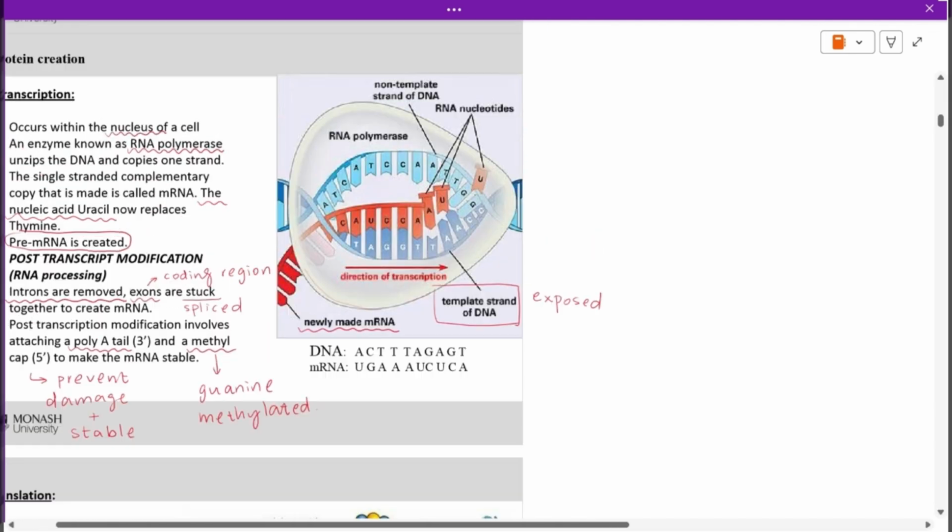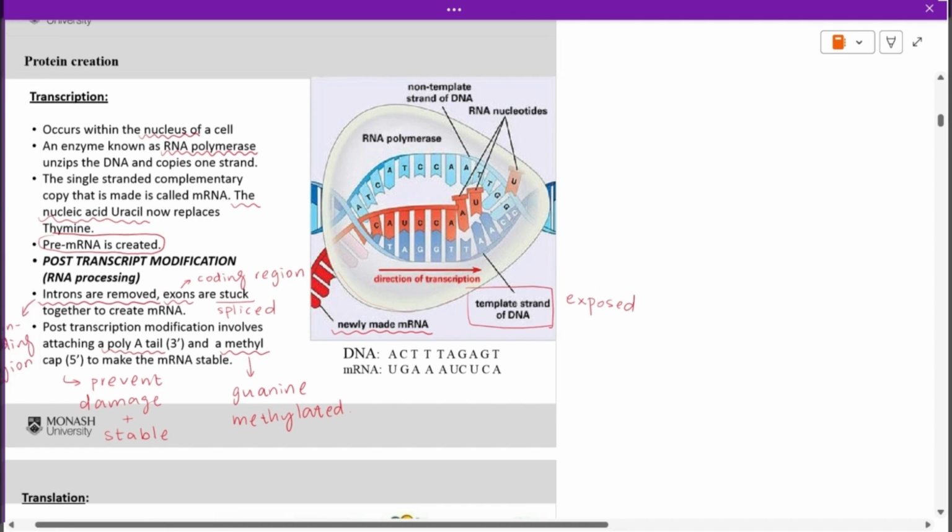Okay. The other thing that is not mentioned on this slide is alternative splicing.